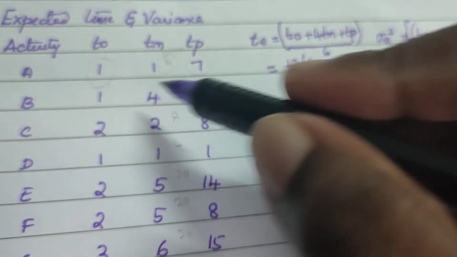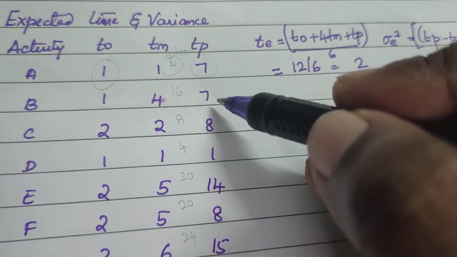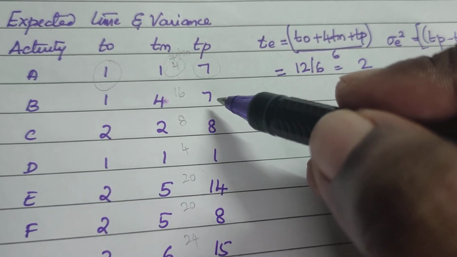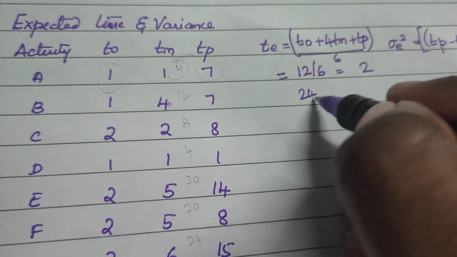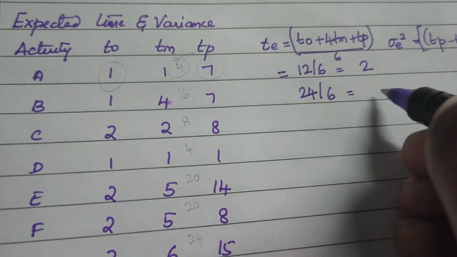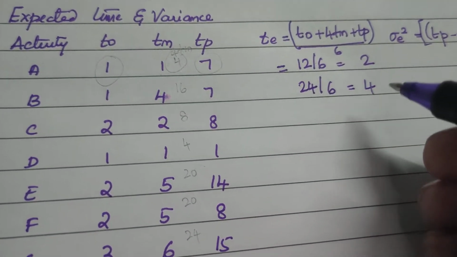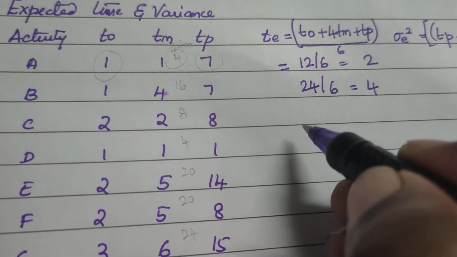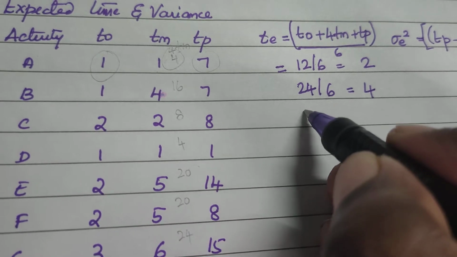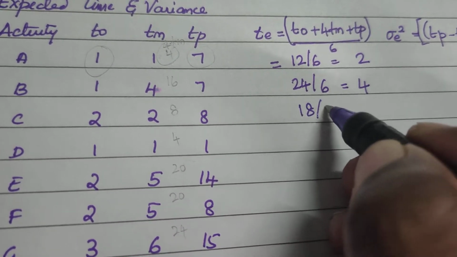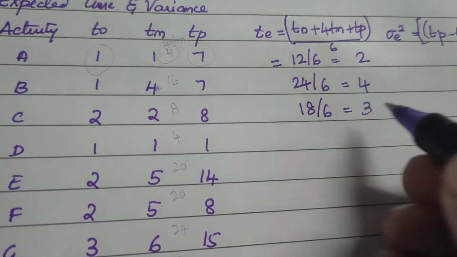Second one, 1 plus 16 plus 7, so 17 plus 7 is 24, by 6 this will be 4. The third one, 2 plus 8 plus 8, 8 and 8 is 16, plus 2 is 18, 18 by 6, you have 3.